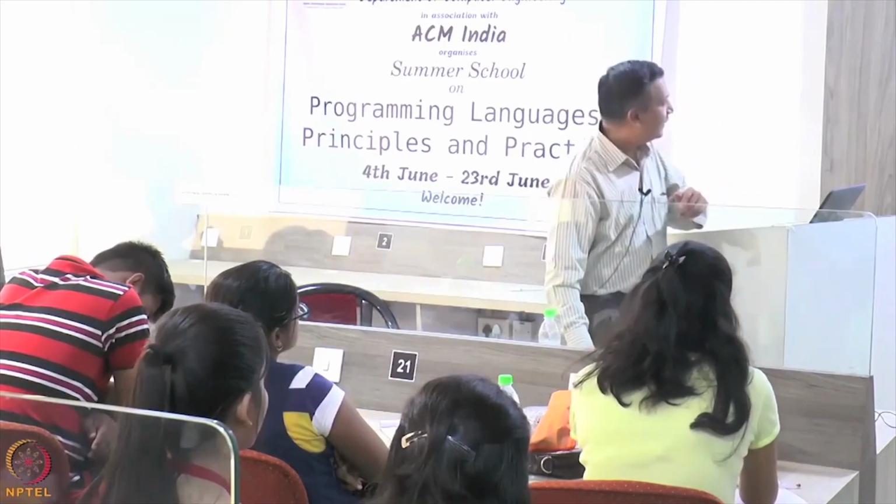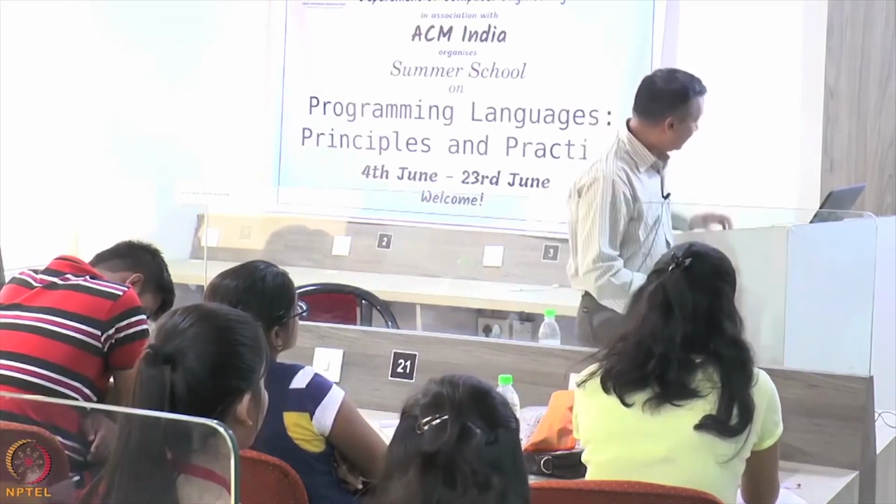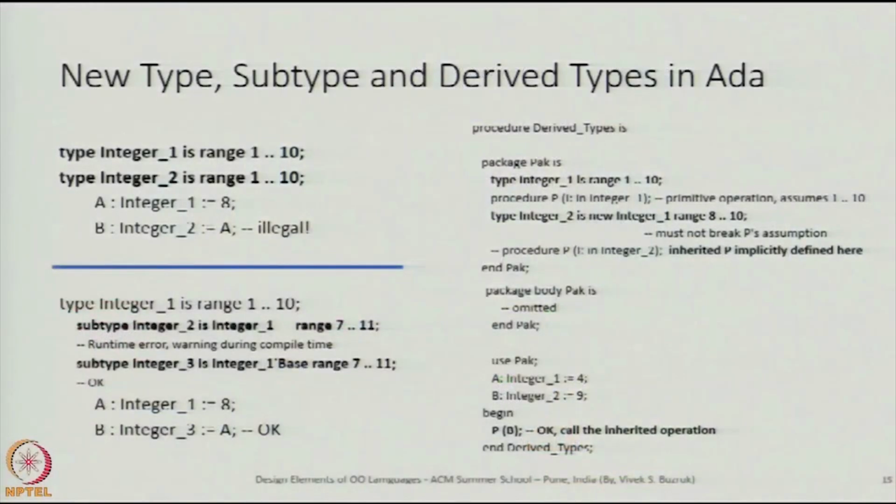Let's go to the rest. I will not get into the details of the other things, but this is another important part before we get into polymorphism. If you look at Ada, initially Ada 83 was introduced.